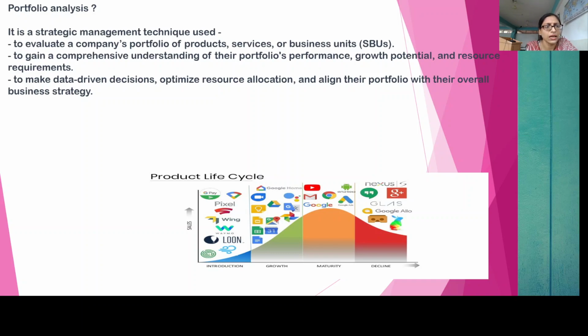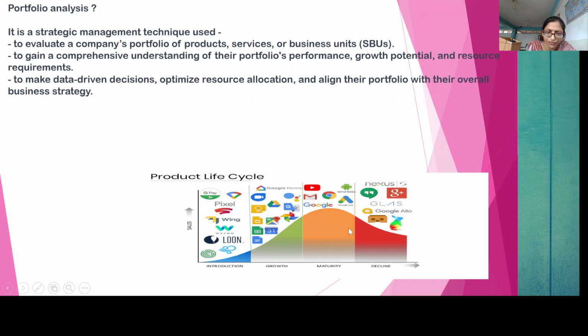So this basically helps them in efficient decision making, on the basis of some facts. We know what a product life cycle is: we have introduction, growth, maturity, decline.